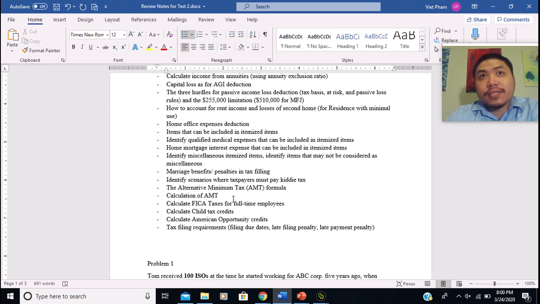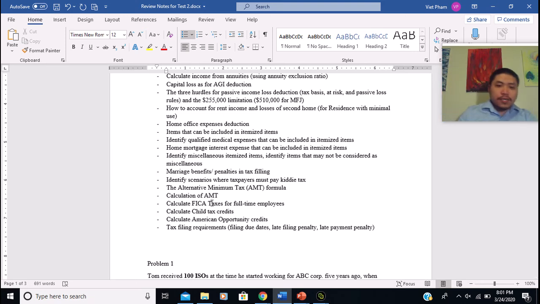And then the third case was taxpayers who are solely self-employed, who are not employed by anyone, who work for him or herself. So we discussed 3 scenarios in chapter 8. But in the test, I'm just going to ask you guys about the first scenario where the taxpayer is a full-time employee of some employer. So you guys need to make sure that you know how to calculate the FICA taxes for these taxpayers. All right.